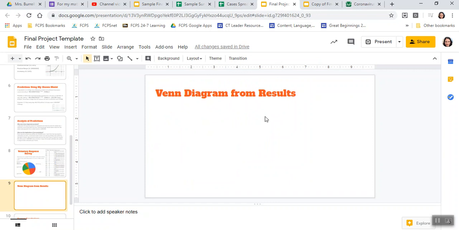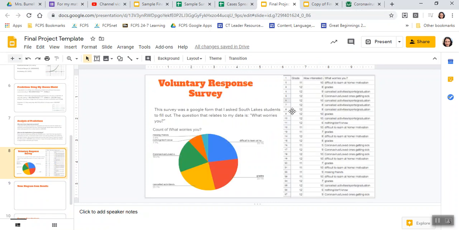So now we are going to make a Venn diagram from the results. You don't need to use all 3 columns. I liked to use how interested a person was and what worries you. So I was looking for what was one of the highest worries, and these actually all tied for the highest worries. Let's see which one I used.